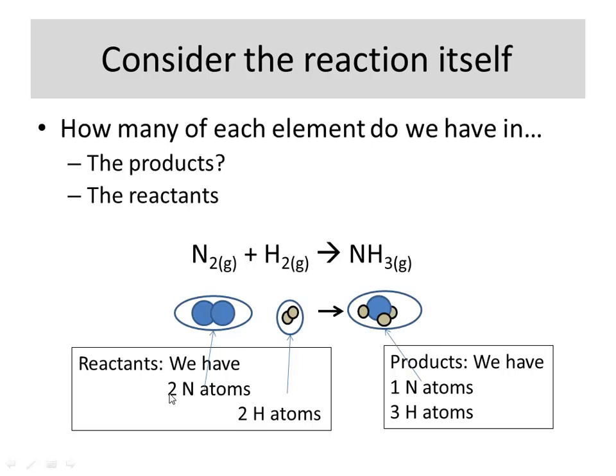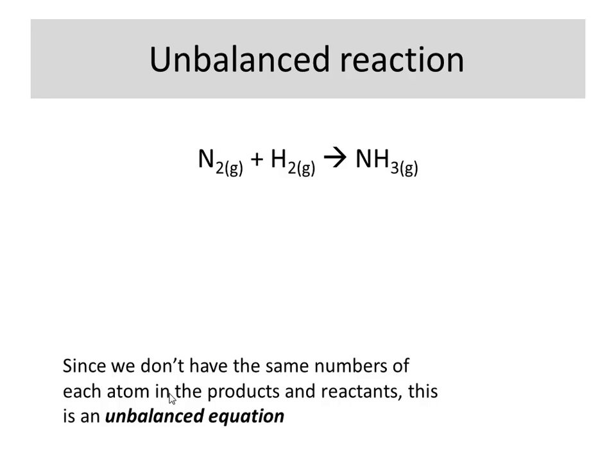Okay? So that's how you know this is not a balanced reaction, because I have different amounts of each atom in the products and in the reactants. Do you guys see that? Does that make sense? Okay. So this is what we call an unbalanced reaction. Copy this bullet point down here after I talk about this.